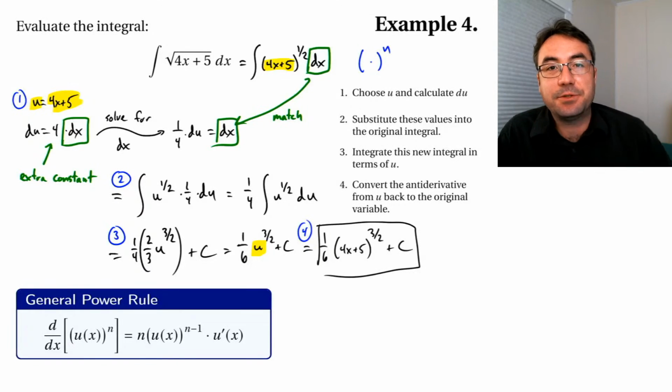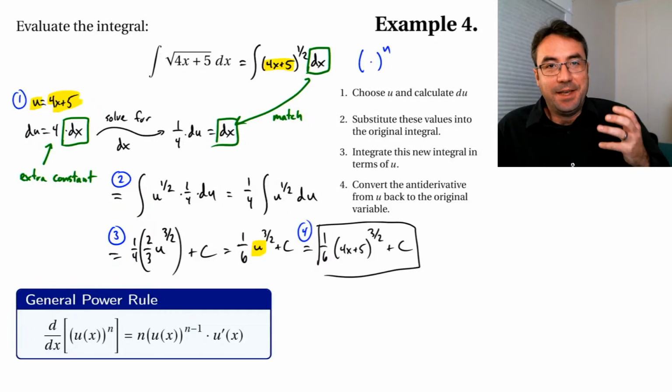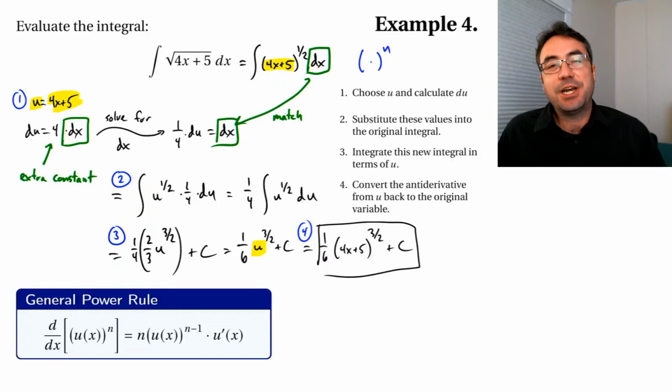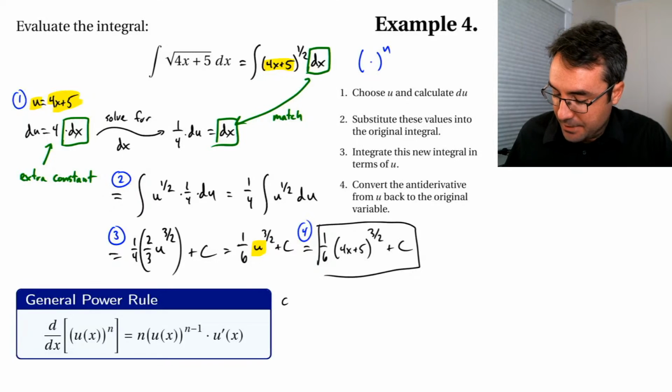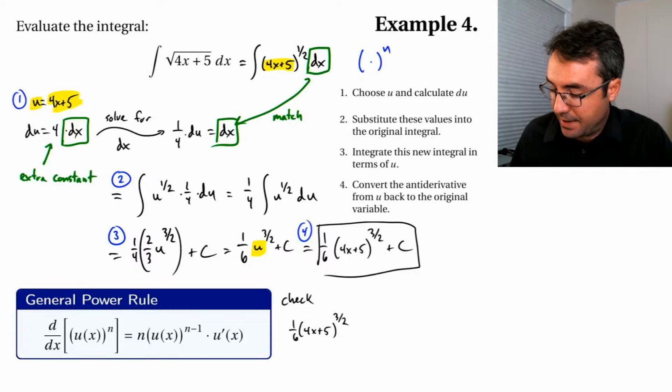And the nice thing about doing these integral problems is we can always check our work, and we can check it by just taking that answer, the 4x plus 5 raised to the 3/2 power with the 1 over 6 in front.